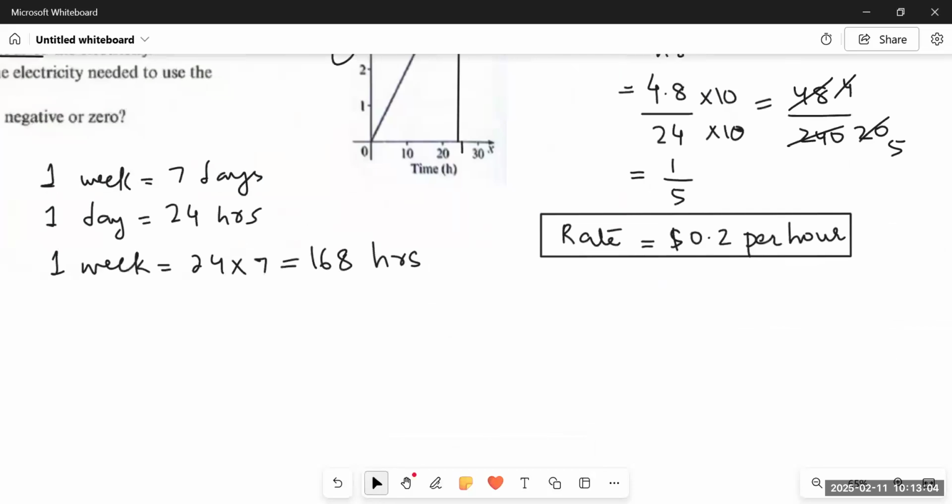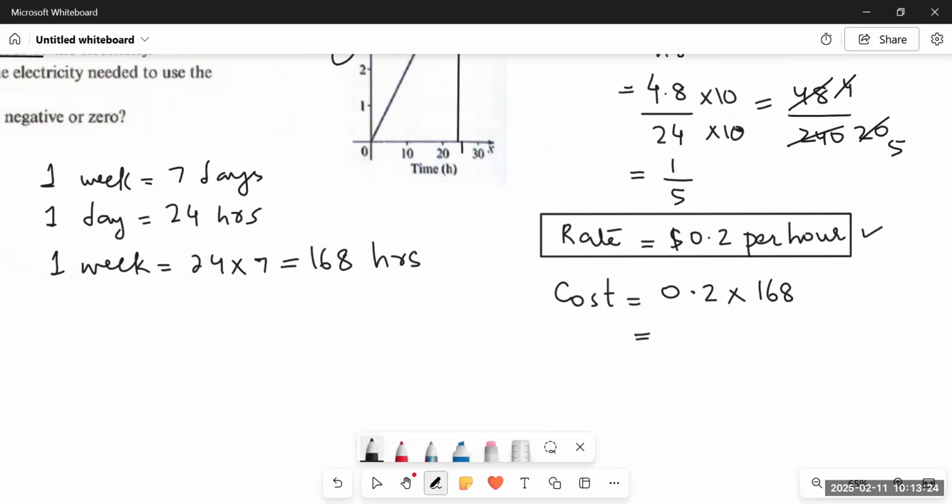So using the same formula, what are we going to do to find out the cost? We will simply multiply the number of hours with 0.2. 0.2 multiplied by 168 will give us the answer. Because cost is the quantity and quantity is equal to rate, which is the constant 0.2, multiplied by time.